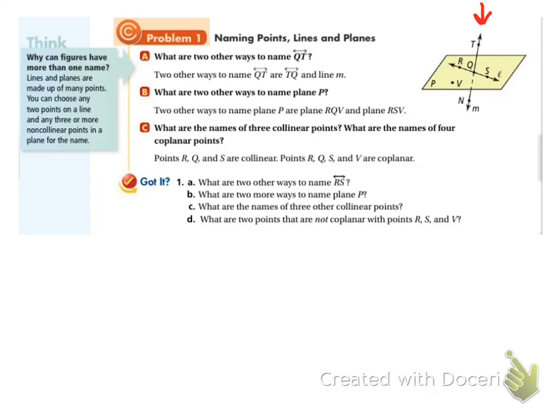And there's also the little letter down here, M. We can also call it M. If we look at plane P, so it's labeled in the lower corner, plane P, another way we can name it is using the points R, Q, and V. So R, Q, V would name it. And also we could use R, S, and V. That would also name the plane.